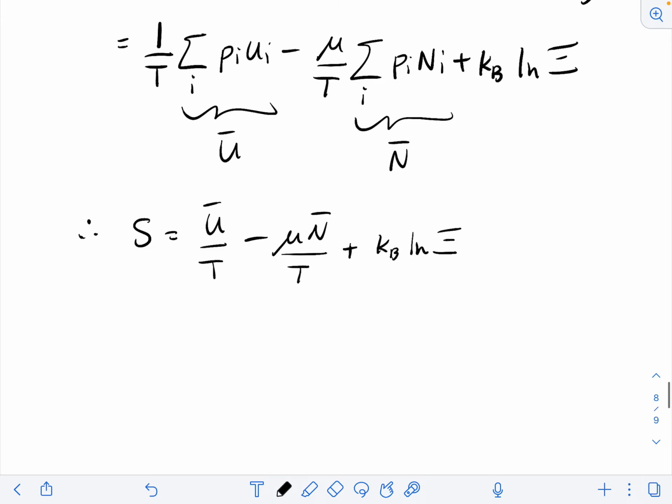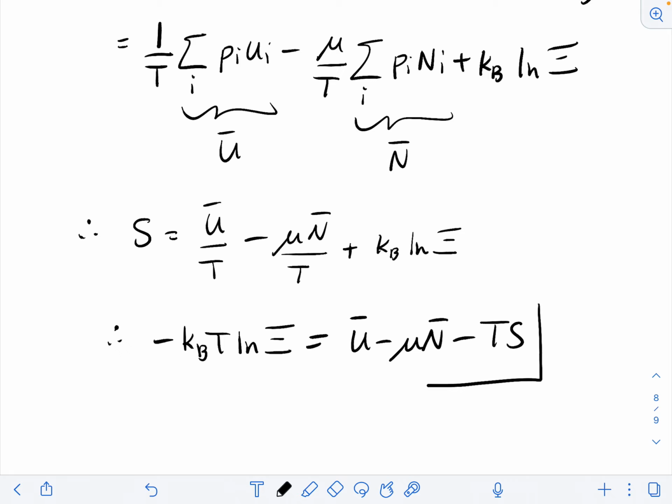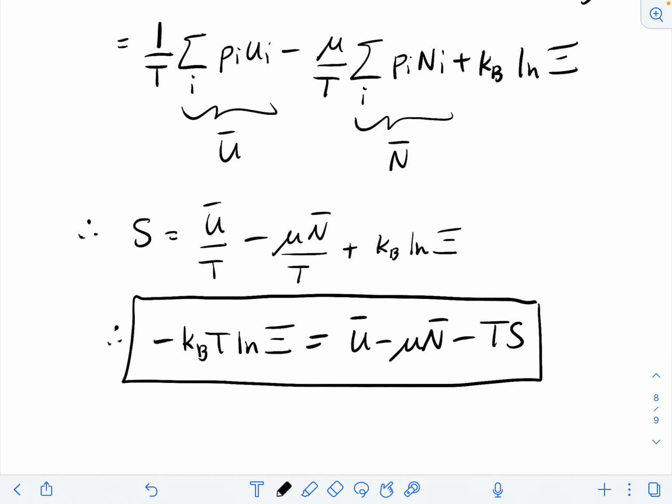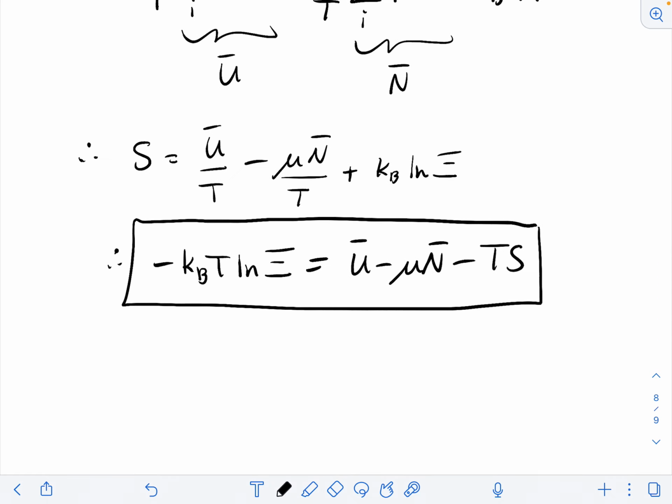So if we multiply by T and then solve for, let's say, minus kB T ln of the grand partition function, we would get minus kB T ln K is equal to, let's see, U bar minus mu N bar, no, we have to subtract T times S. This is called the grand potential.